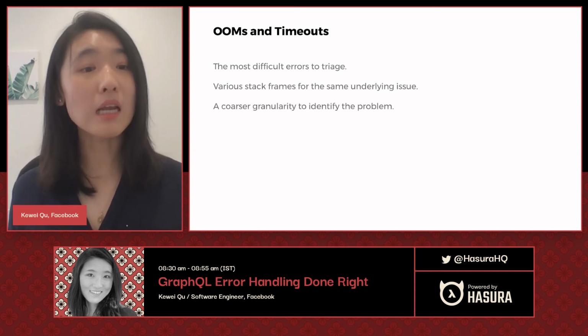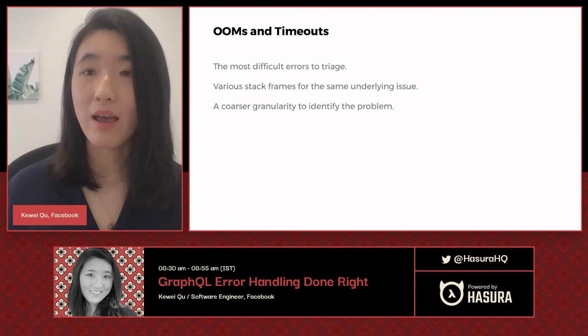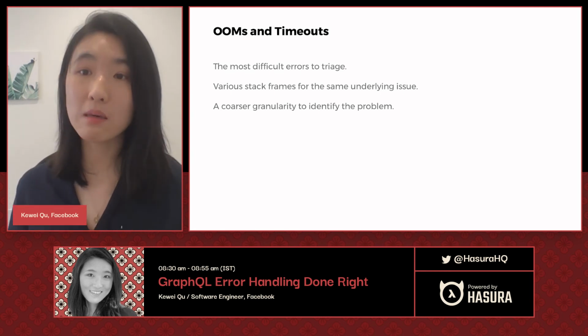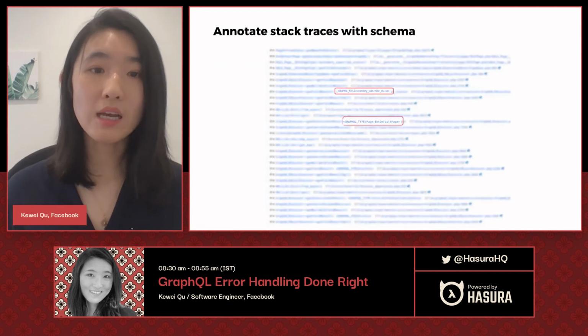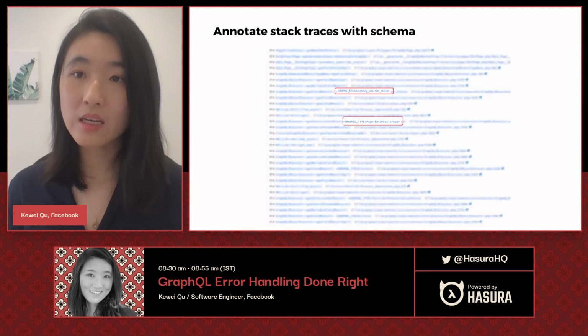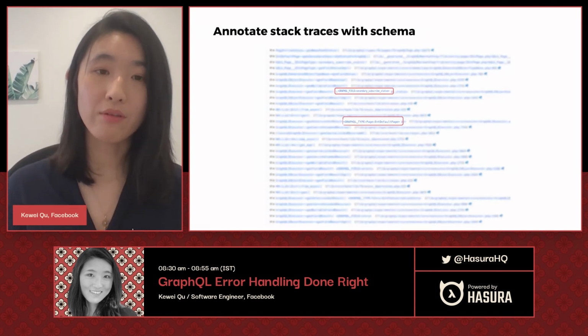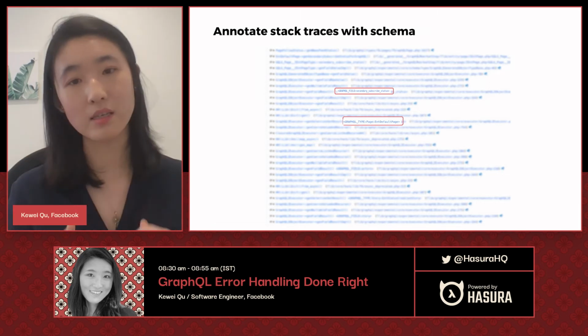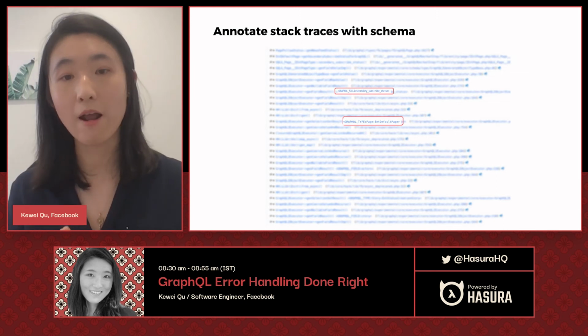What we actually need is a coarser granularity to identify the problem. And here is how GraphQL schema information helps us to achieve that. So what we did is we annotate the stack frame with the GraphQL schema information. Here you can see a stack trace, and for the functions that are returning a GraphQL type, we annotate that.